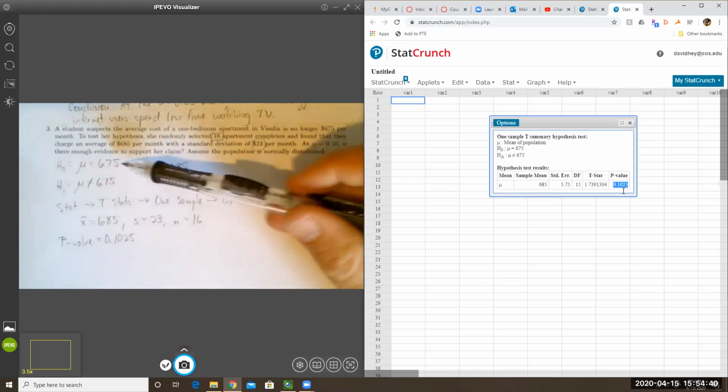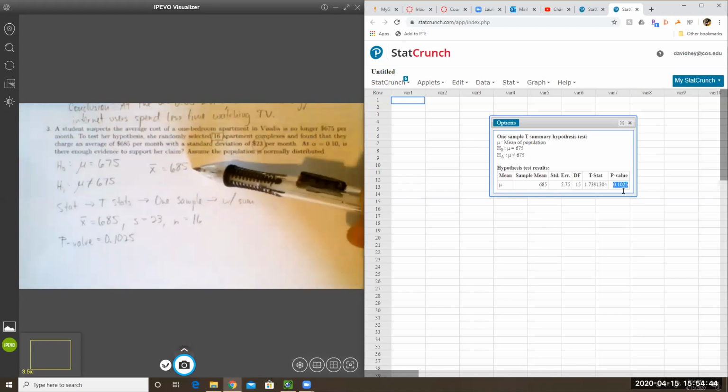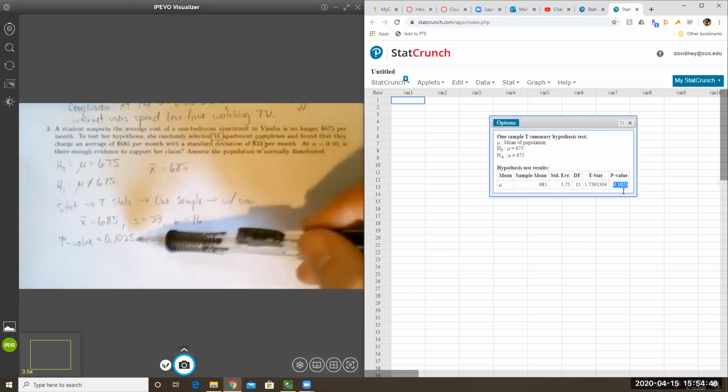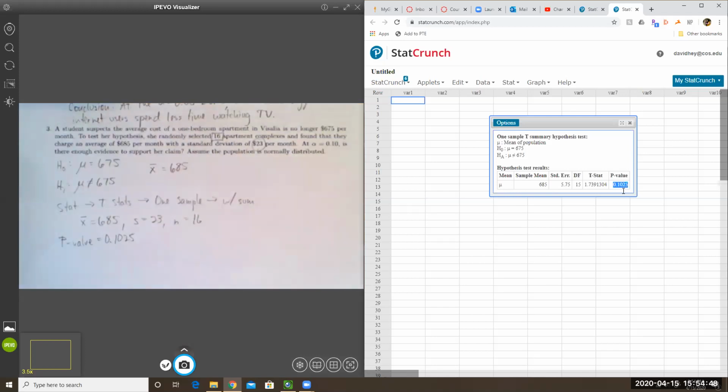So if we assume 675 is the true mean price, then the probability we get a sample mean price of 685 is 10.25%. That's not a small enough probability for us to doubt the assumption that we made here, so we do not reject it, okay?